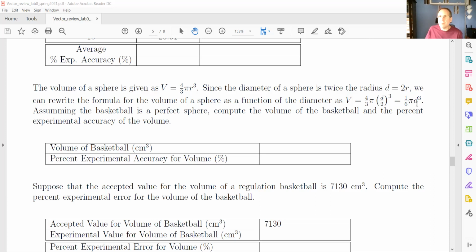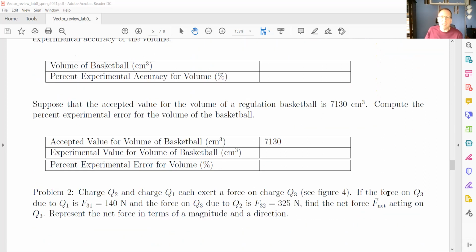It's just the diameter here. So since it's diameter cubed, which is diameter times diameter times diameter, to find the percent experimental accuracy for volume, you take your percent experimental accuracy for diameter and add it together 3 times, or just multiply by 3, which is the same thing. And that will be your percent experimental accuracy for the volume.